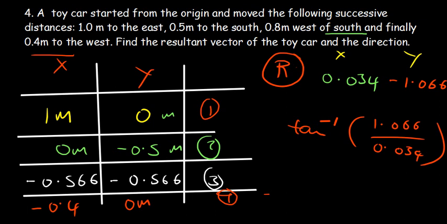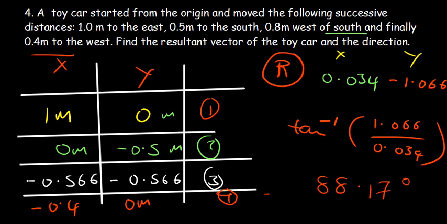So 1.066 divided by 0.034. Then tan inverse of it. So my answer is 88.17 degrees. Now that is a reference angle because we ignored the negative.